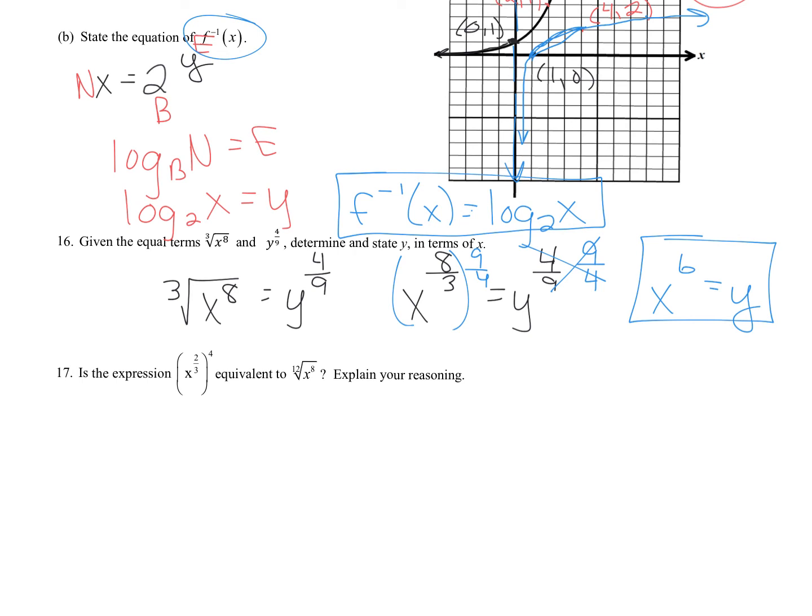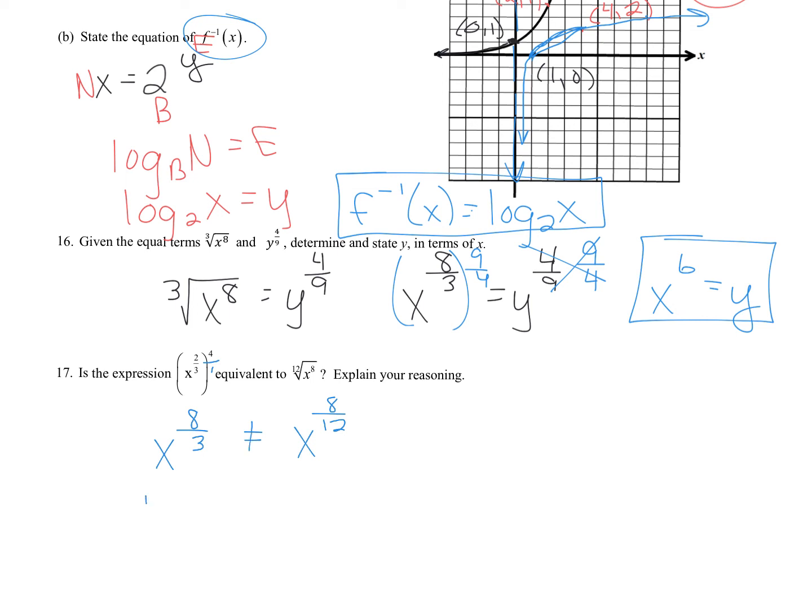The next one says, is x to the 2/3 to the 4th equal to the 12th root of x to the 8th? Explain your reasoning. So the first one, we multiply the exponents because we have power to a power. So that's 8/3. This one, it's 8 over 12 because the root is 12. So these two are not equal to each other.